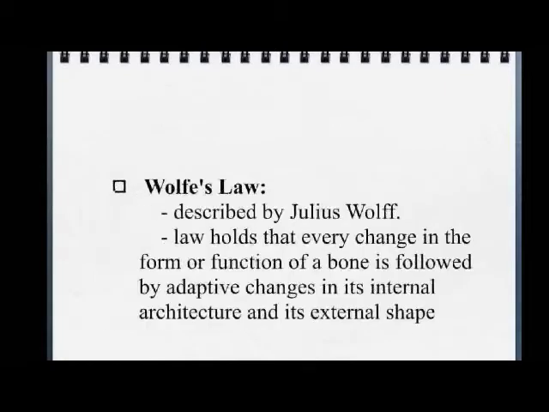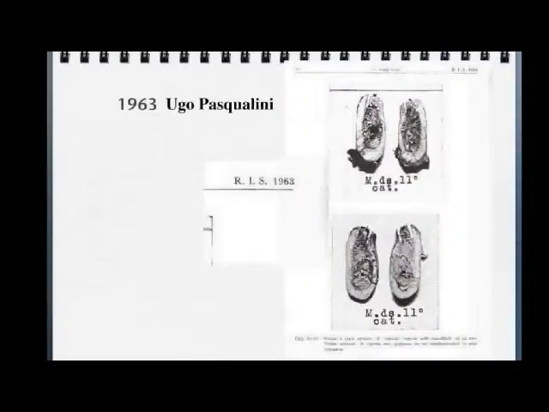The law of bone remodeling was described by Julius Wolff a number of years ago. It holds that every change in the form or function of the bone is followed by adaptive changes in its internal architecture and external shape. Pretty much, bone behaves like an organ. It reacts.